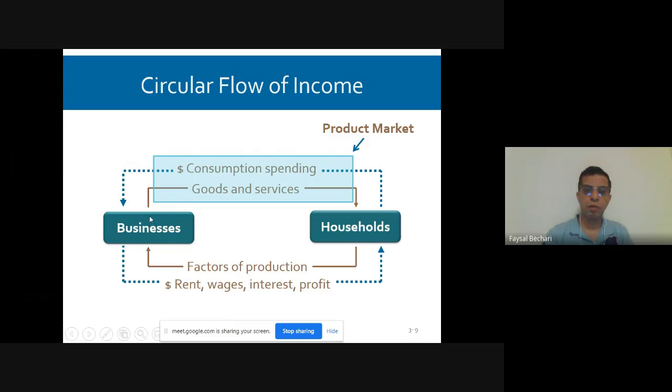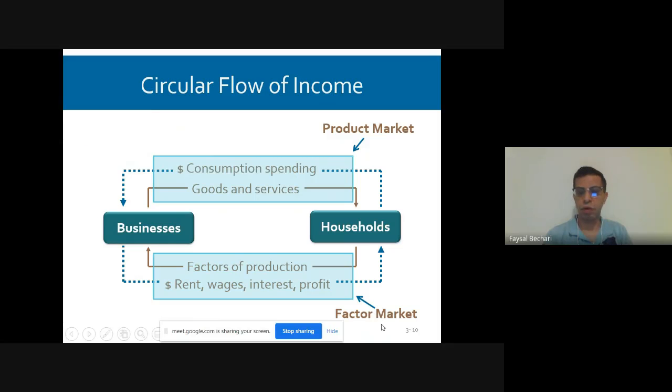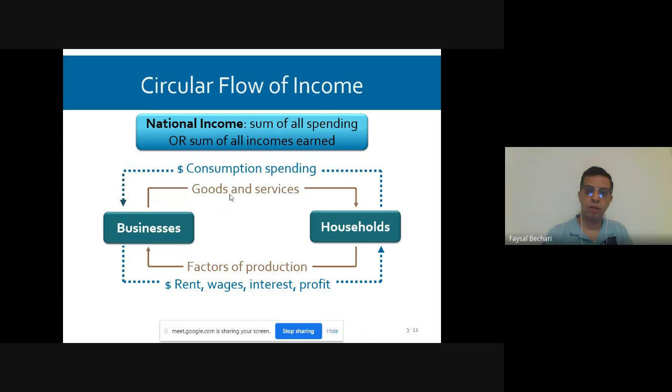So the business will produce products and services and gets money, the household spending, which is consumption, so households need to spend money on businesses. On the other hand, there is the factor market, where once the household gets the salary, rent, interest, and profit, the household is a factor of production, helping in the production. So the national income is basically the sum of all the spending or the sum of all income earned.